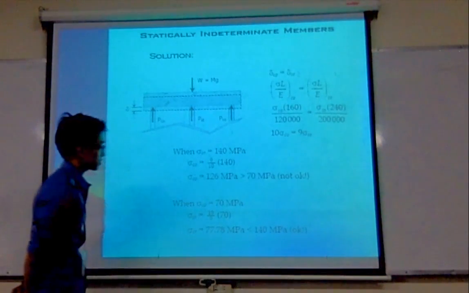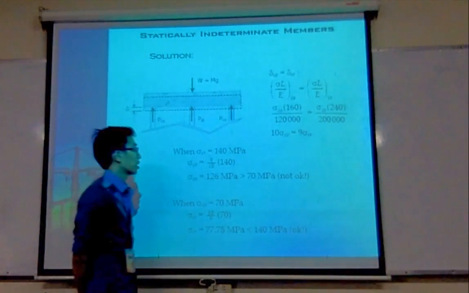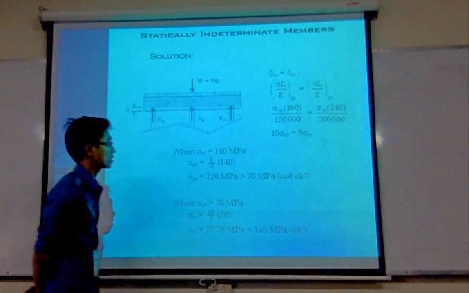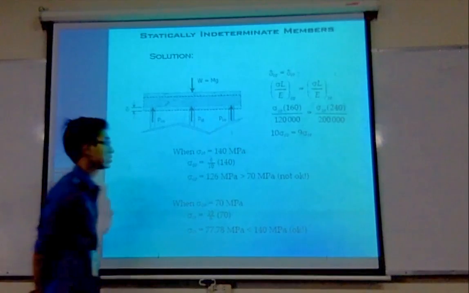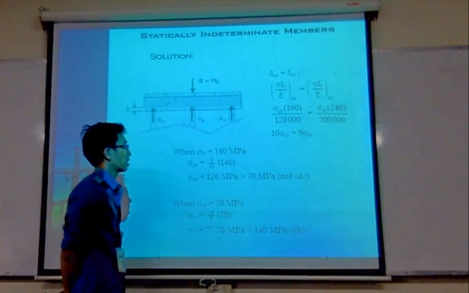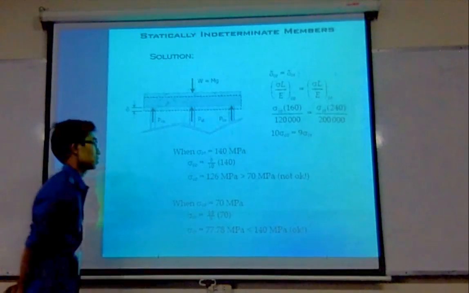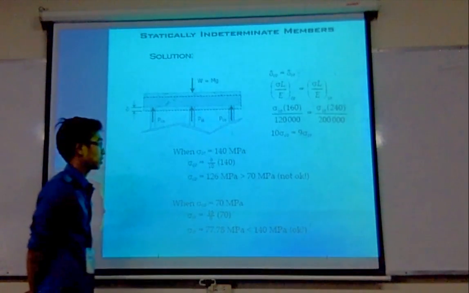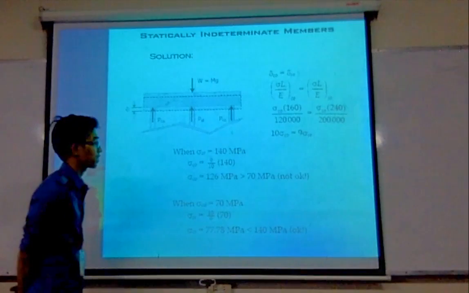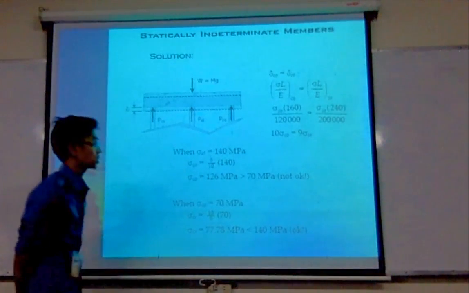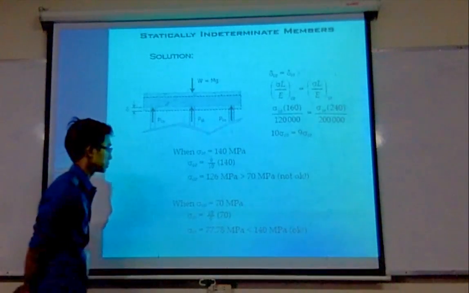But as you can see, the obtained stress in the copper is not okay, meaning it will exceed the stress that the copper can take, because in the question we have only an allowable stress of 70 megapascal. So we will disregard this and continue.